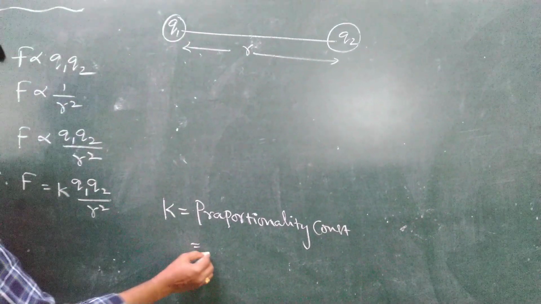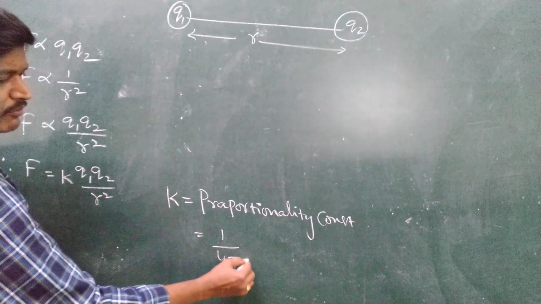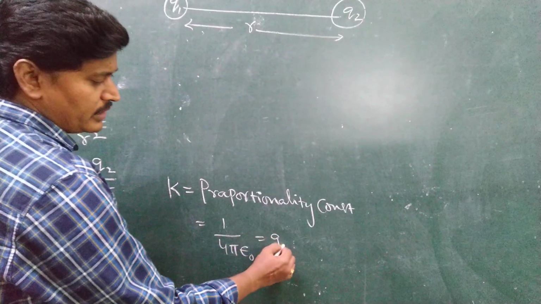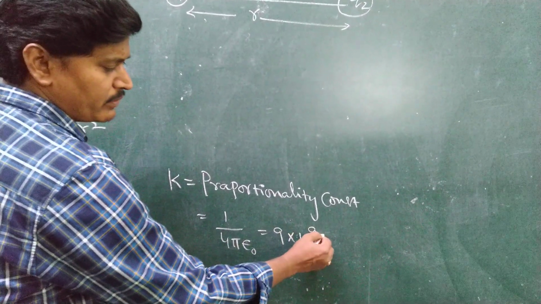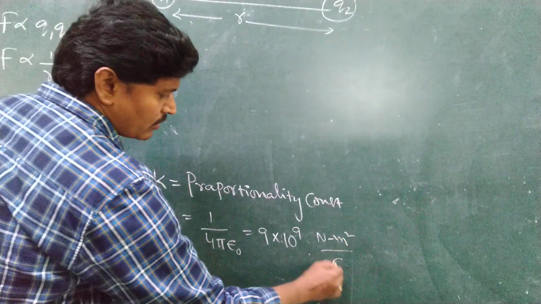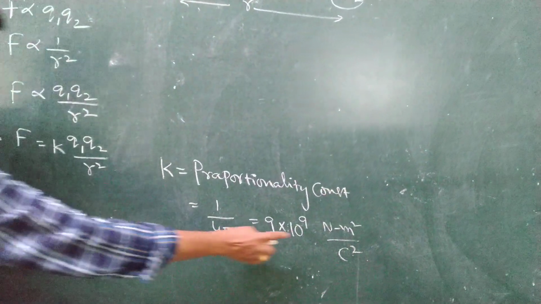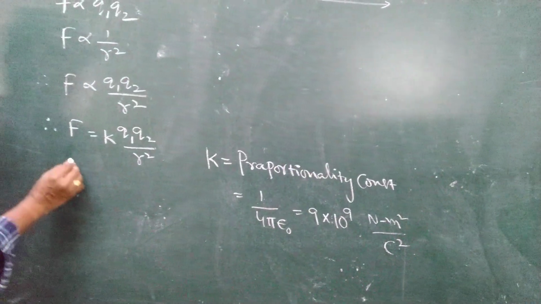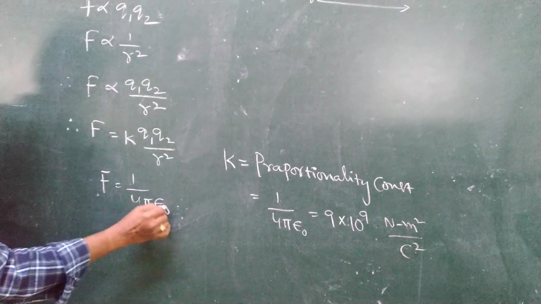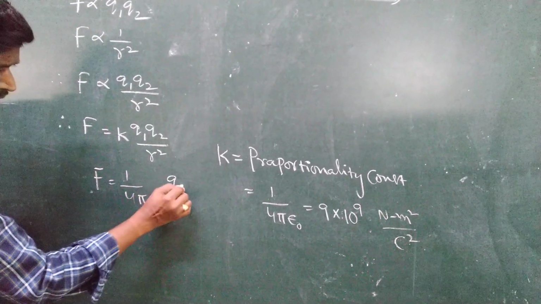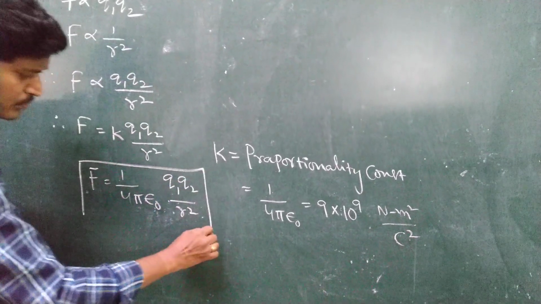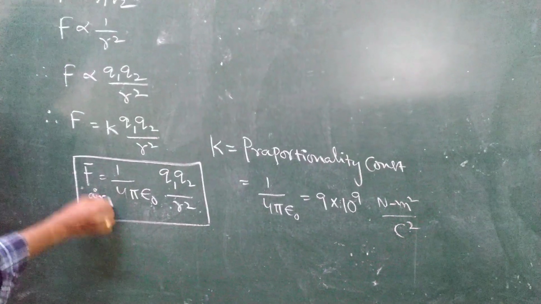That K value is equal to 1 by 4 pi epsilon naught, which is nearly equal to 9 into 10 to the power of 9 Newton meter square per Coulomb square. Later we will discuss the units. So F is equal to 1 by 4 pi epsilon naught, Q1 Q2 divided by R square. This is the force between two charges in air.